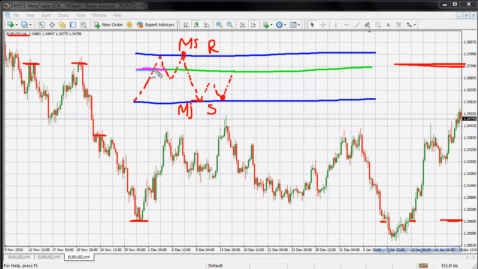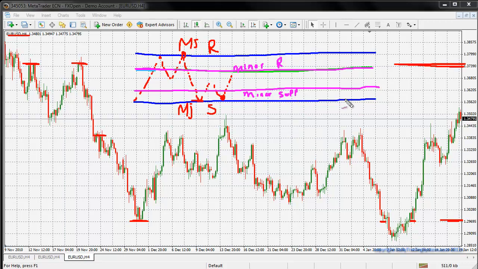I wonder if magenta. Ah, that might come out okay. I think this will come out as a dark colour as well. I'm going to call these levels minor support and resistance. So this is a minor resistance, and this one here is a minor support.